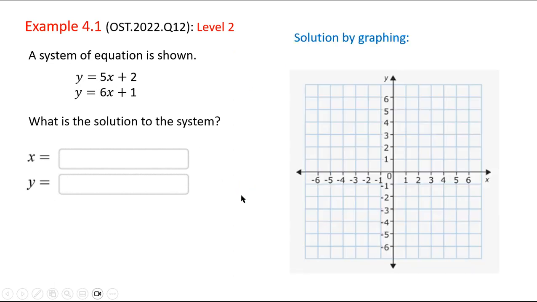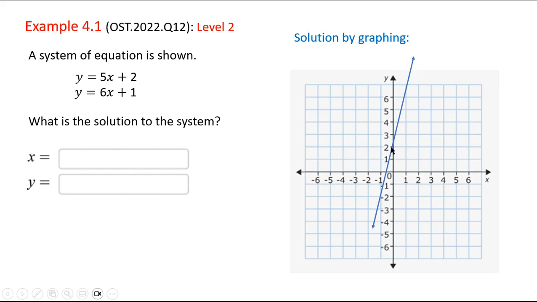But before that, here we're doing graphing. Okay, let's see. We can do graphing first. So this first line, the y-intercept is 2 and the slope is 5.